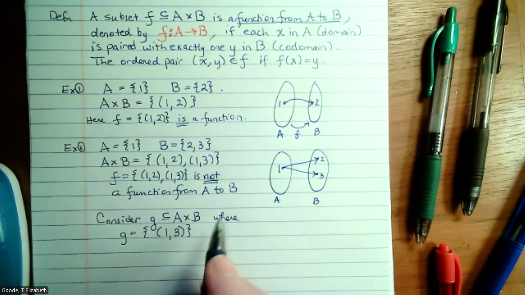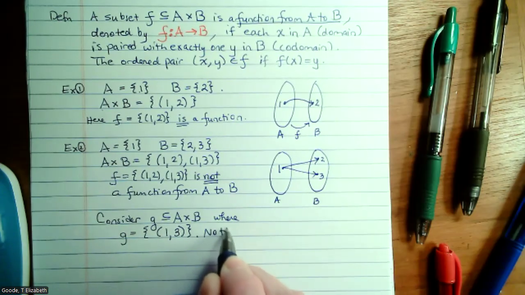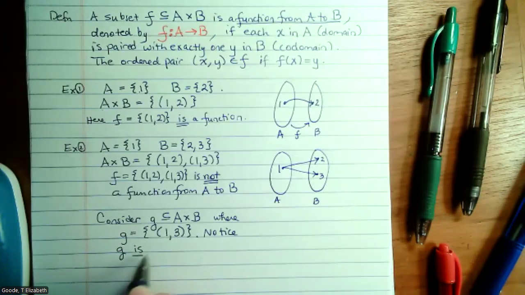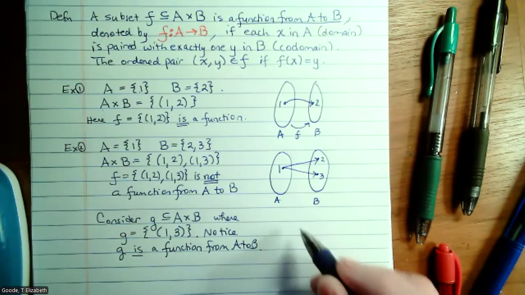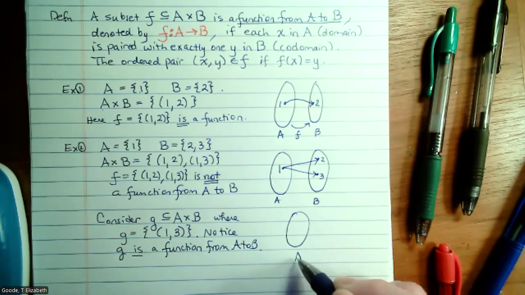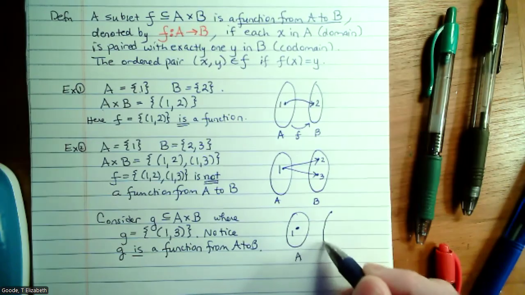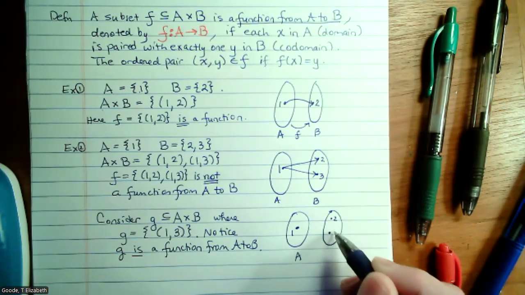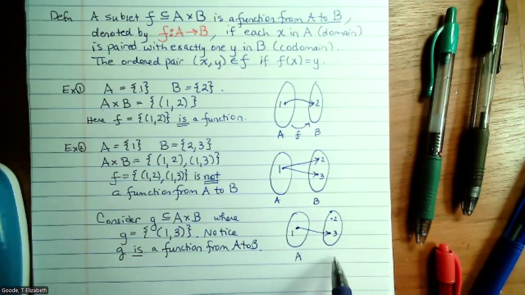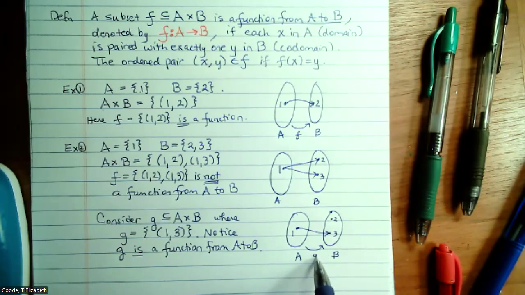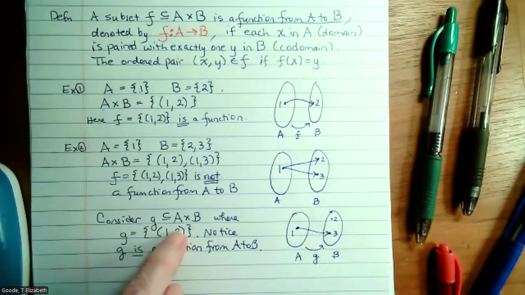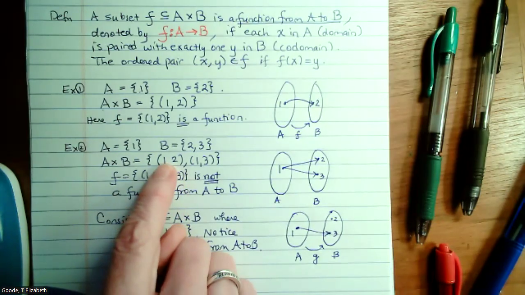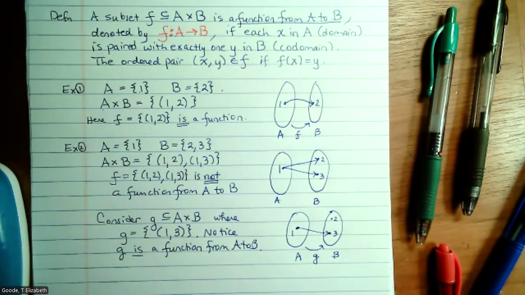And notice G is a function from A to B because the single element that's in A only actually pairs with one element in B. So that is a function. We could have taken the subset that just had the pair (1, 2) in it, and that would have been a function as well.